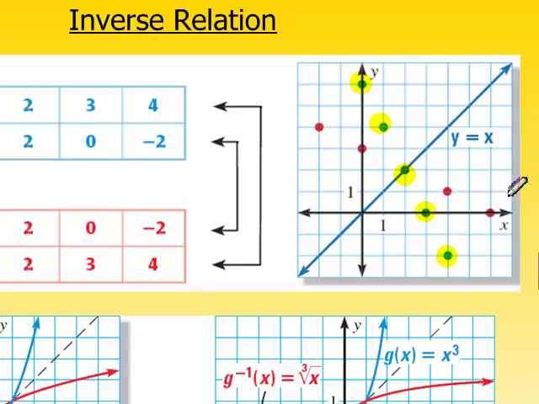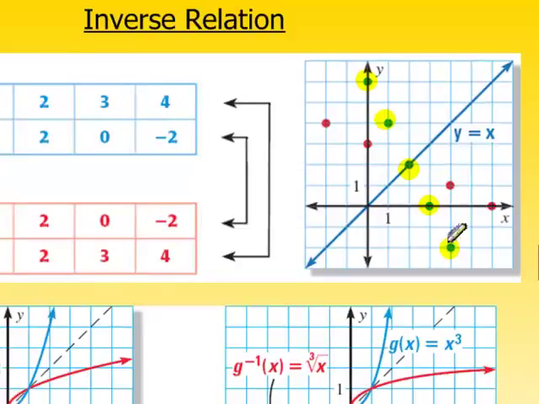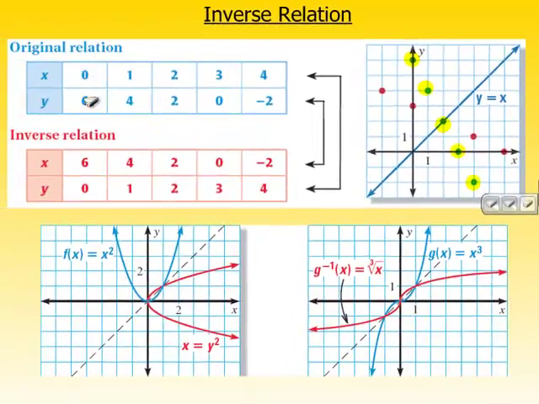Well, an inverse relation is quite simply just switching the x with the y. So whereas in my first relation x is 0, in my inverse relation y is 0. And here y is 6, but here x is 6.